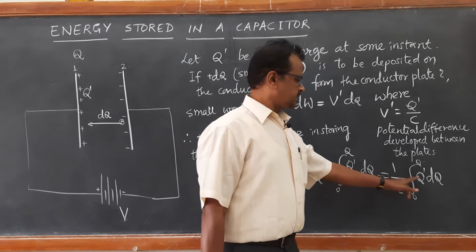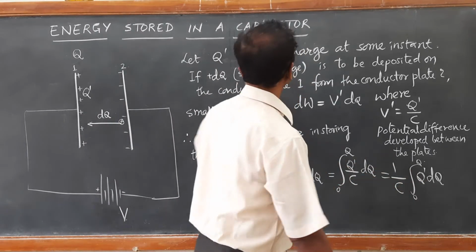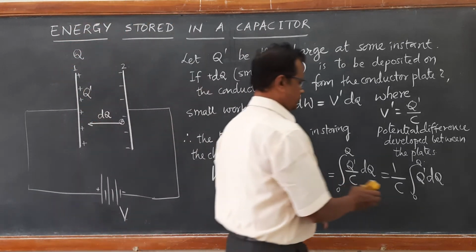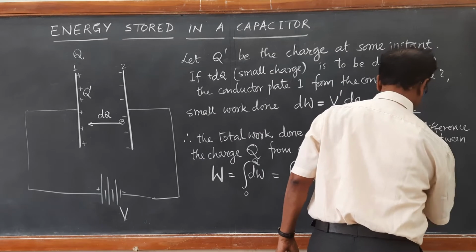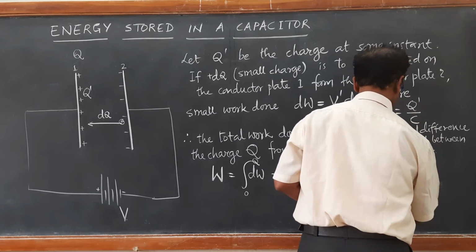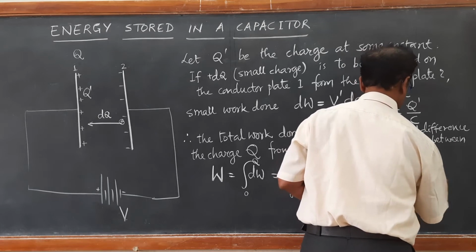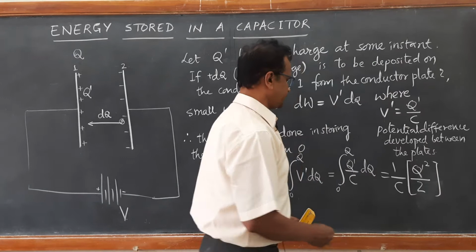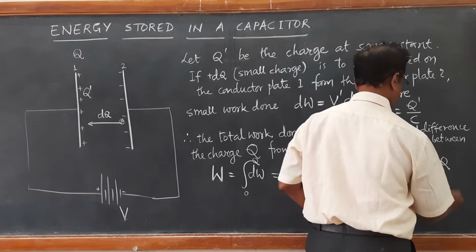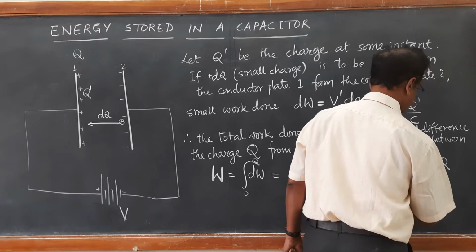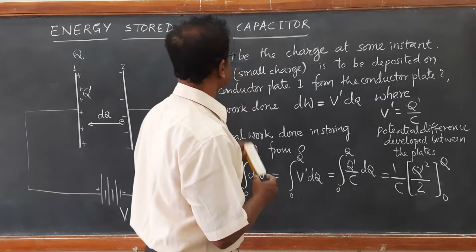So we get q dash square by 2. And upper limit is q and lower limit is 0. So thus we get the result.